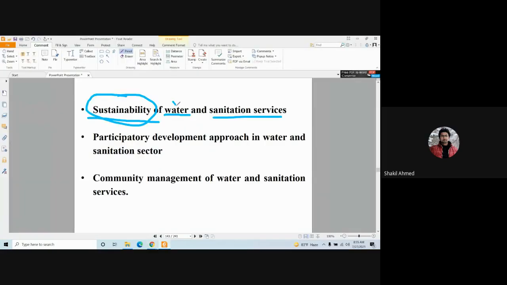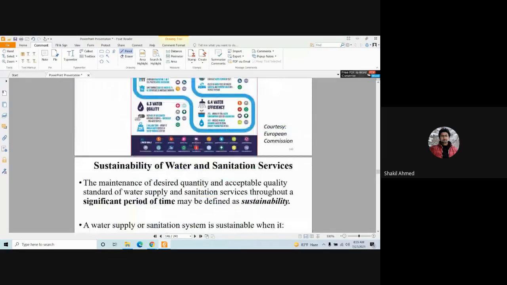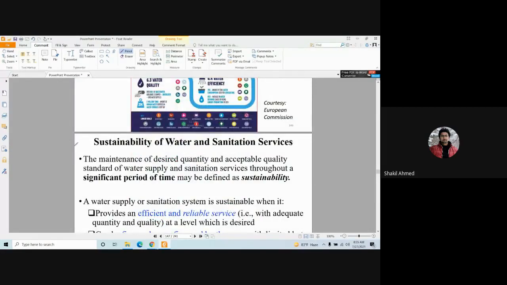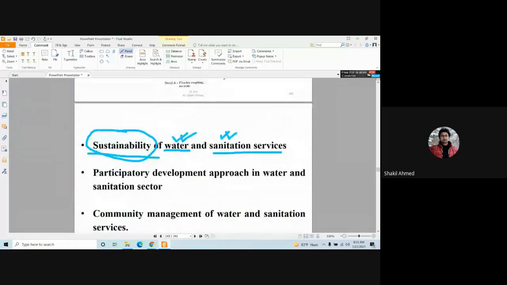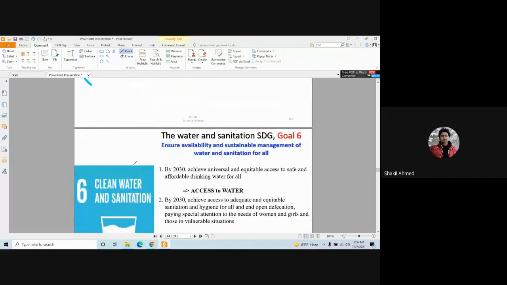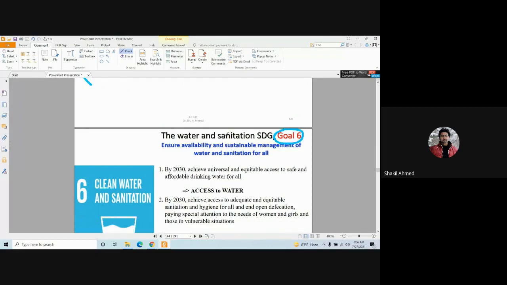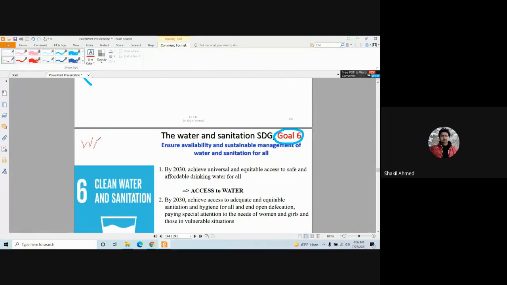So, if you want your water and sanitation service to be sustainable, you need to consider some crucial factors. We'll discuss those topics. If you look at the Sustainable Development Goals, goal number 6 directly hits WASH, that is water, sanitation, and hygiene.